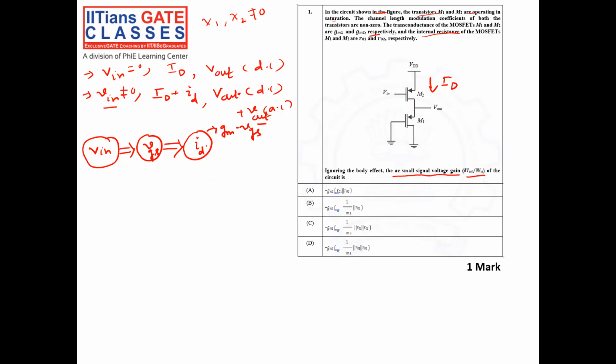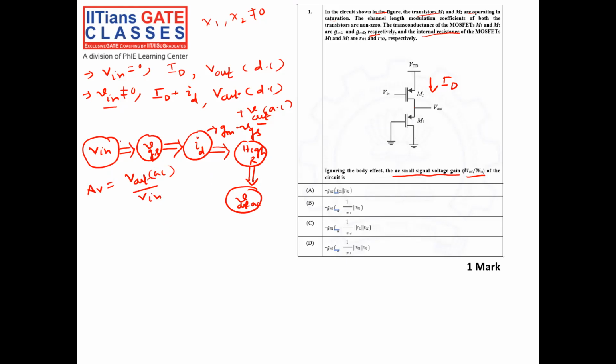When this AC drain current flows through an output node, which is generally a high resistance, I get an AC output voltage, V out AC. So the voltage gain is nothing but V out AC divided by V in AC.